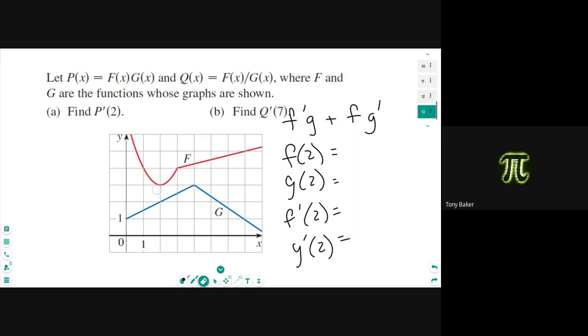It is 0. So 3, 2, 0. Now, at that point right there, we have to determine what the slope is, because now this one changes, right? But it's a linear line at that point, so we can just do rise over run. So up 2 over 4. So the slope is 1/2.